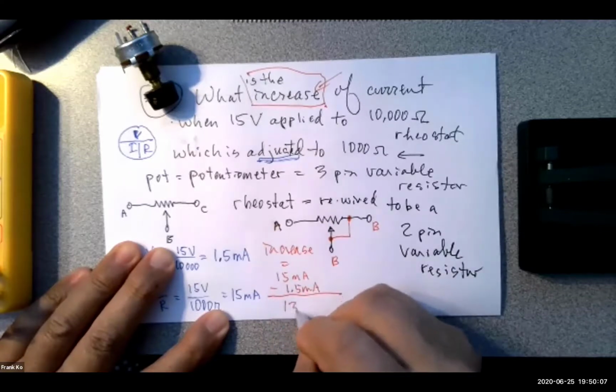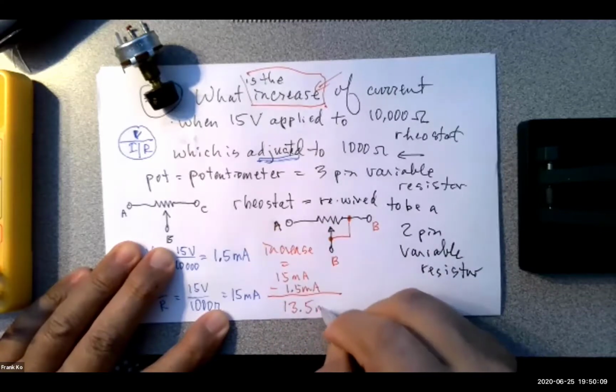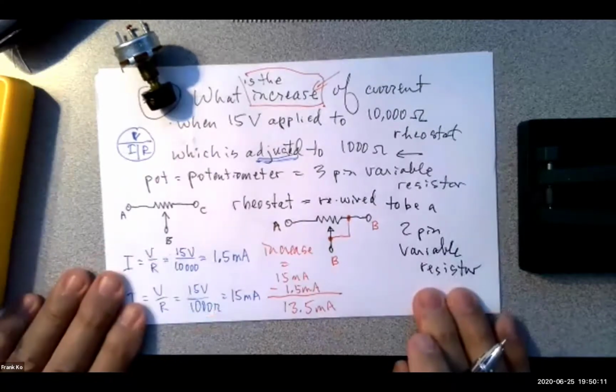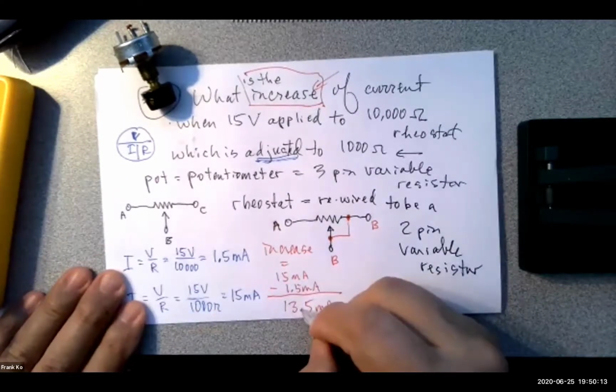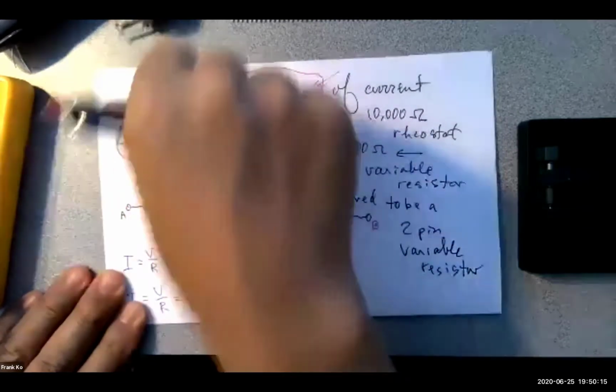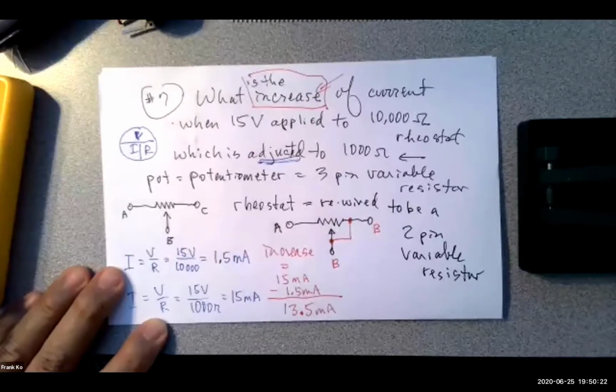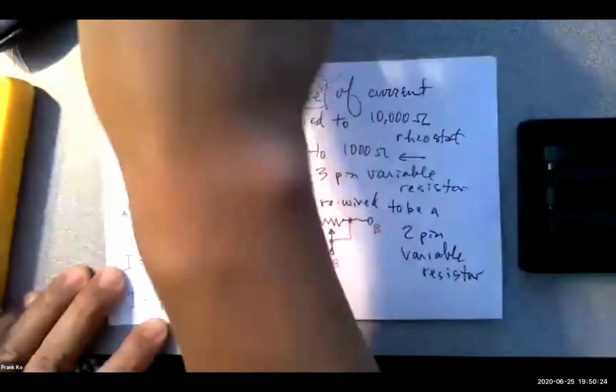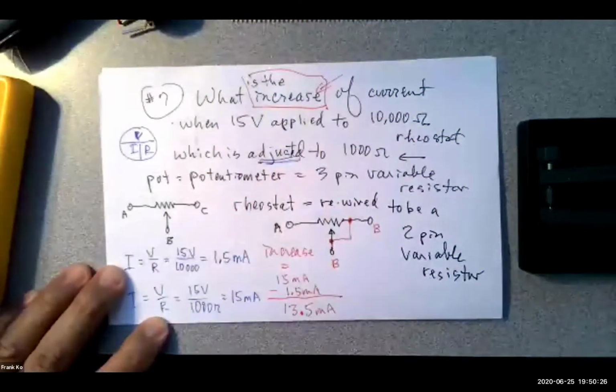The increase must be 13.5 milliamps. Does that help you better understand this question? Yes, it did. Cool. And hopefully that would be a benefit to our other classmates who might be sharing the same struggle.